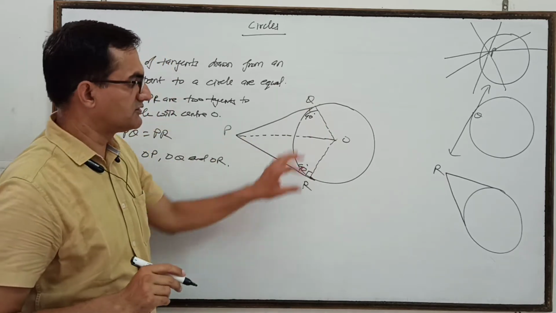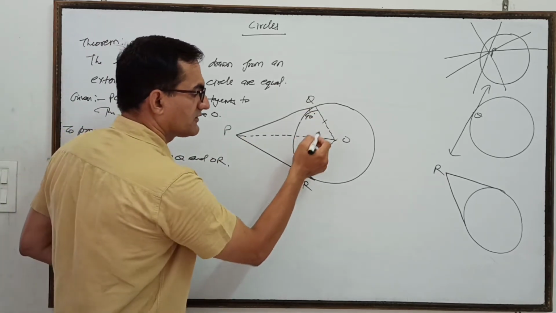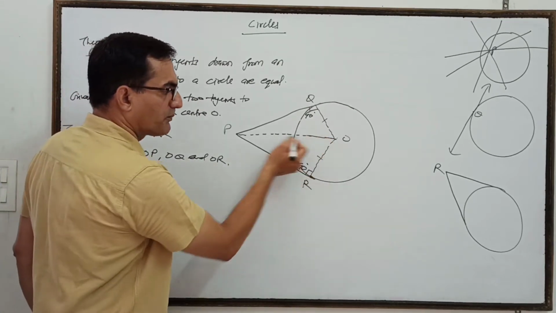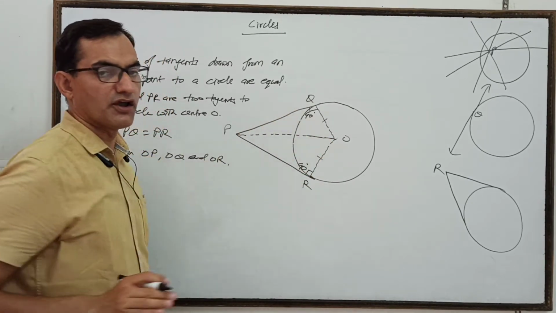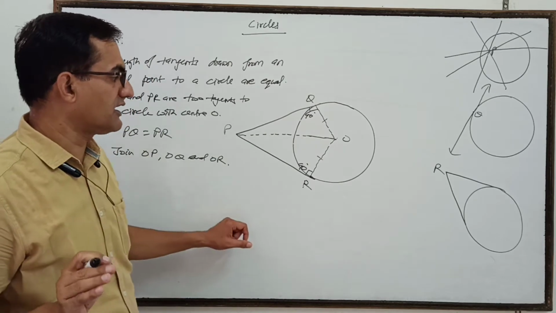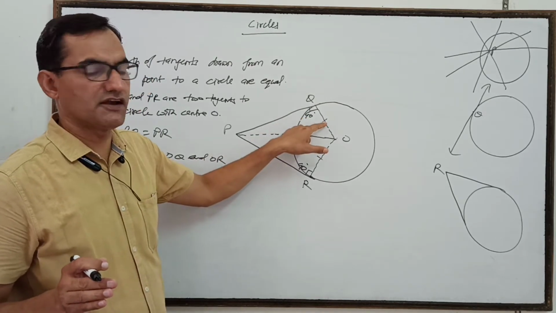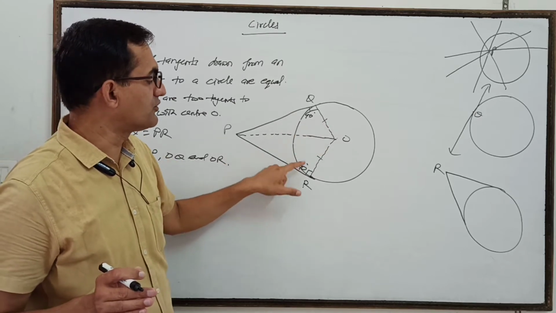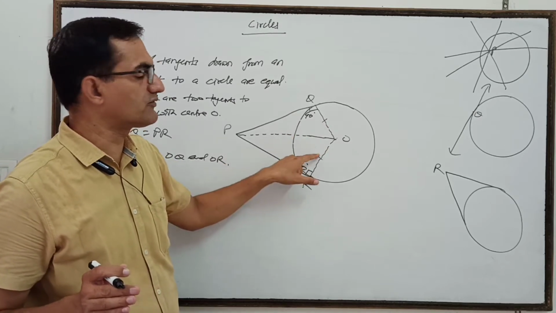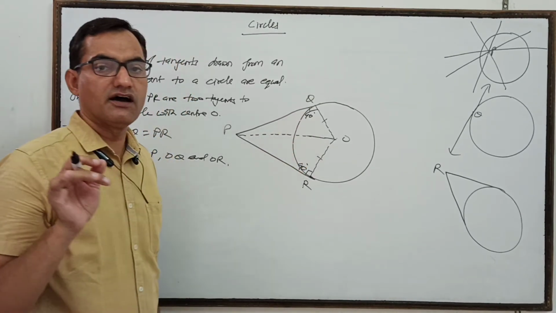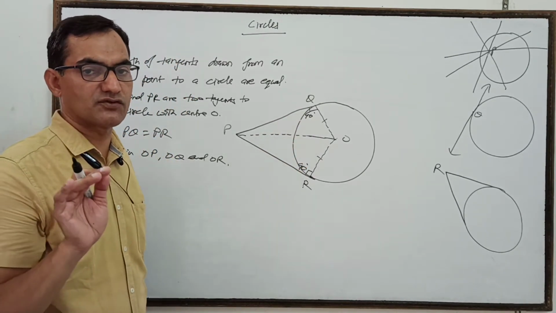These are the radii of this circle. And OP is common in both these triangles. So what will you say? Right angle, hypotenuse and side. So we will prove these two triangles congruent by RHS.